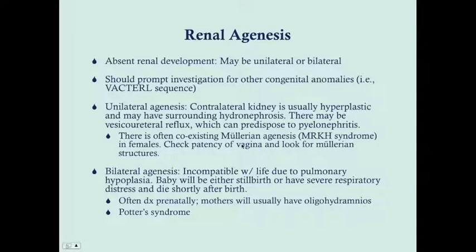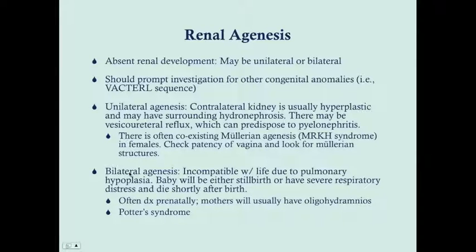On the side where the kidney didn't develop, the Müllerian structures often didn't develop either, so half of the uterus might not be developed, and the fallopian tube on that side might not be developed, or you may have total Müllerian agenesis, with an impatent vagina, no uterus, and no fallopian tubes. But there will be ovaries, because that's not part of the Müllerian system. So in females, you should check the patency of the vagina, and look with ultrasonography for the Müllerian structures, including the uterus and the fallopian tubes.